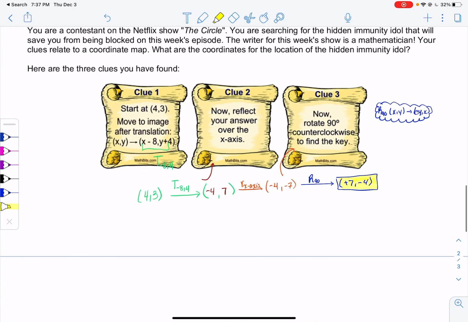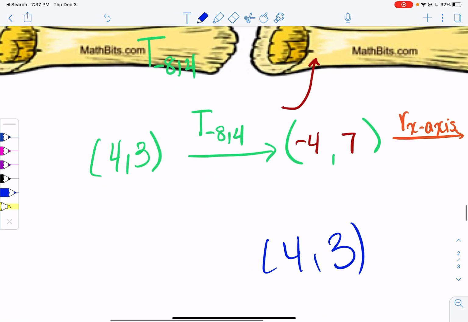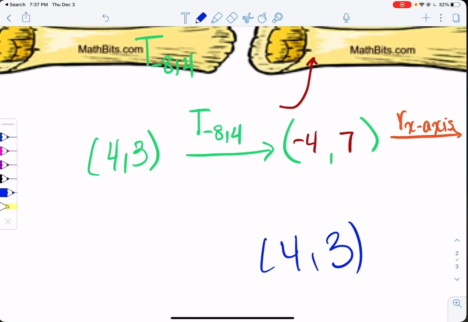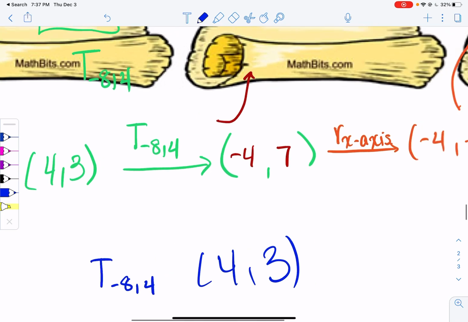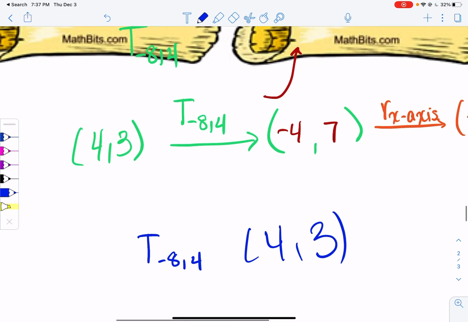So if I wanted to, I can write this using composition notation. So my original point was 4, 3. So I'm going to write down 4, 3. The first transformation I performed was a translation of negative 8, 4. Then I did a reflection over the x-axis.